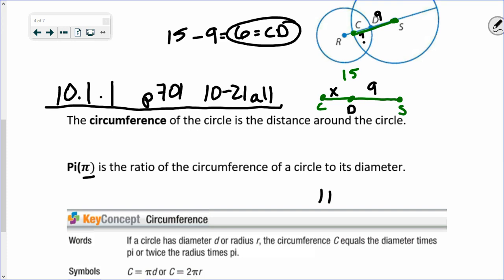We use pi equals 3.14 is what we round it to, but in all actuality, pi is irrational. Okay, this decimal continues on, 3.14159, a lot more digits there. We usually round it to 3.14.